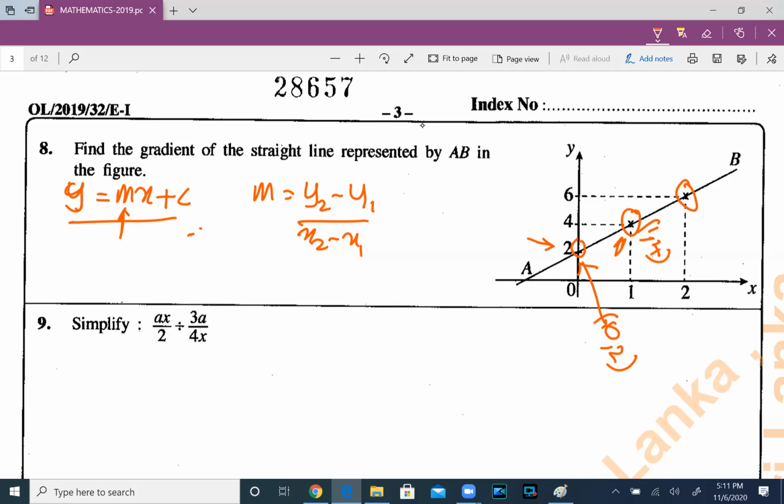If you take this as x1, then this will be x2, and this will be y1 and this will be y2.